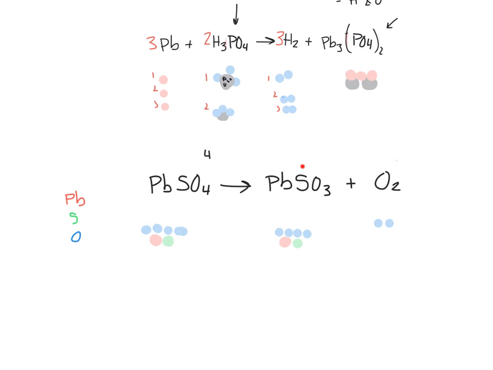So when we end, this has to be an even number, okay? I don't know what it is yet, but it's going to have to be even. The good news is that our lead and our sulfur are already pretty close together, so there's no extra complication there.